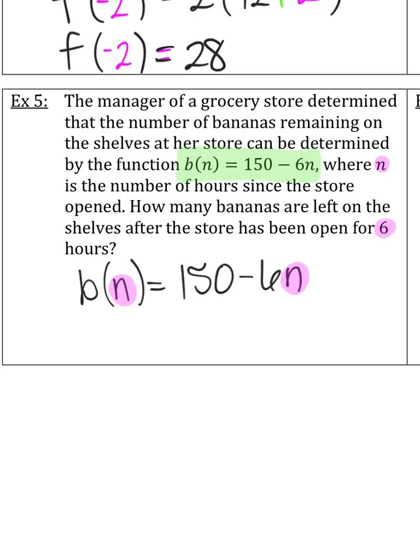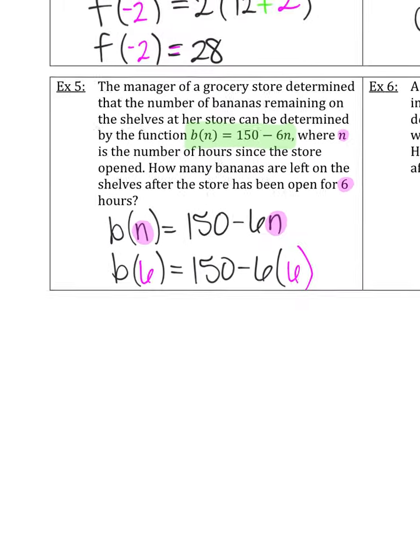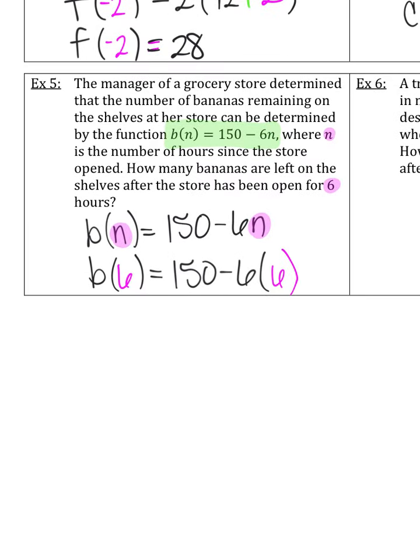So let's rewrite again. B of 6 is equal to 150 minus 6 times 6. Because again, that's how many hours the store is open. And we want to know how many bananas they sell in that time.